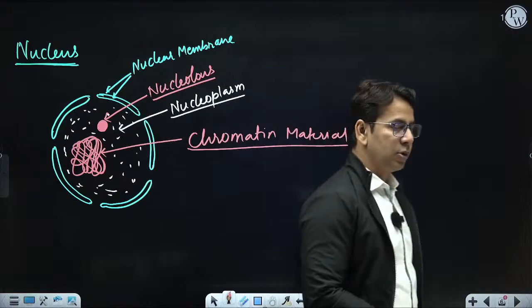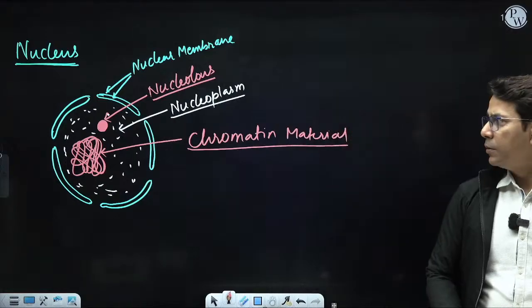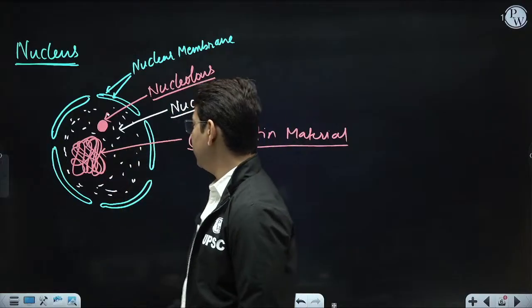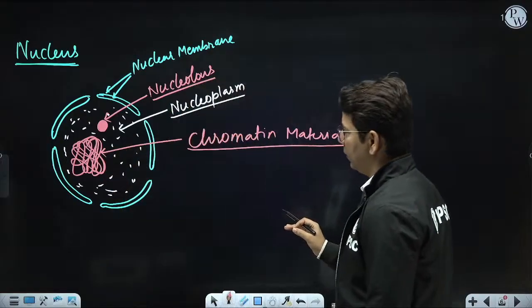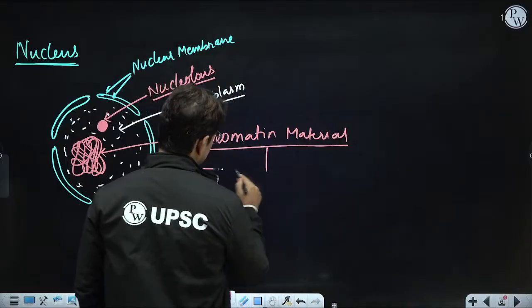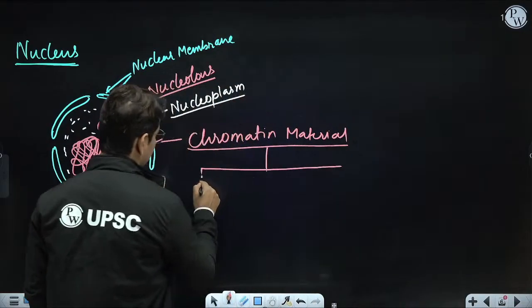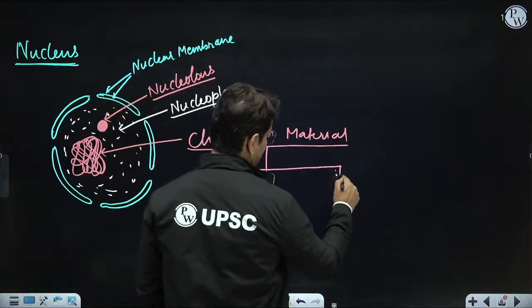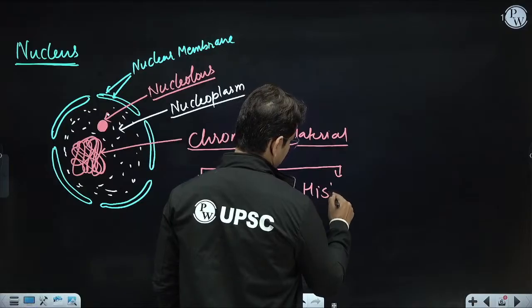Because we talked about DNA. Yes. But here this entangled thread-like structure is called chromatin. Once you look inside the chromatin, you will realize that it is made up of two things, DNA and histone protein.